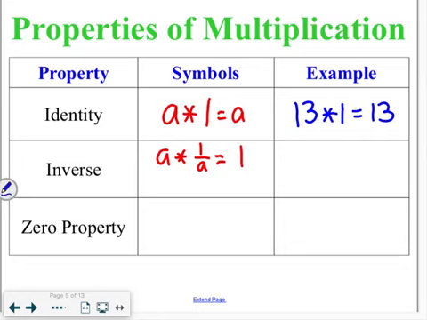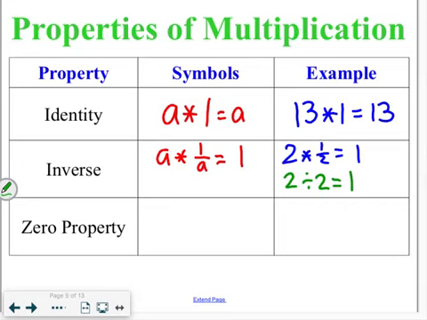For example, we have 2 times 1/2, which is equal to 1. Much like the addition property, multiplying by half is the same thing we know as dividing by 2. So the inverse is just giving us that opposite operation.